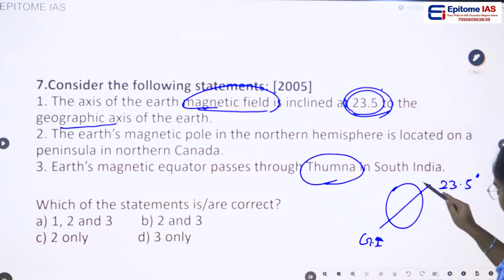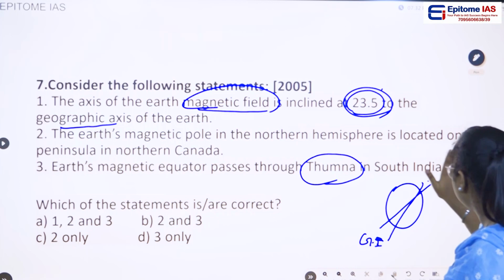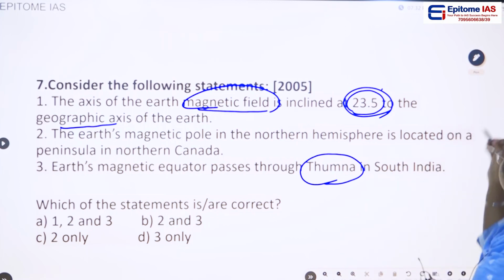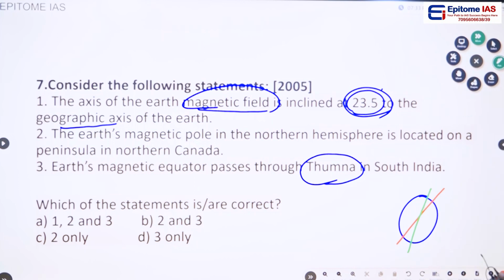So the Earth's magnetic field will be somewhat similar to this line. I shall draw this line in a different color so that you will be able to understand. You can see the red color line here. This is the geographical axis, and it is inclined about 23.5 degrees. This we know. But the green color line here is the Earth's magnetic pole or magnetic field.